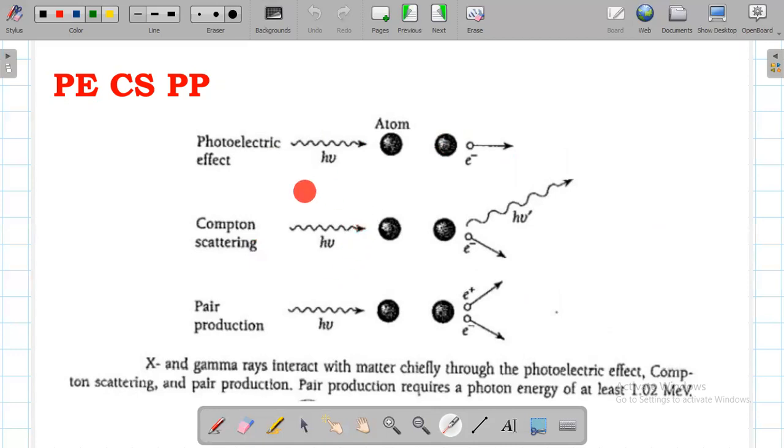In Compton scattering, this is the incident photon with energy hν, and you will get the scattered electron as well as a new photon with frequency ν dash. In case of pair production, you will get two particles, one positive and the other negative. This is about the comparison of the photoelectric effect, Compton scattering, and pair production.